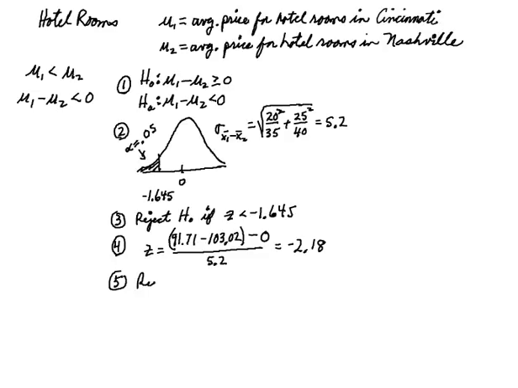I'm going to reject H sub 0 since negative 2.18 is less than negative 1.645.